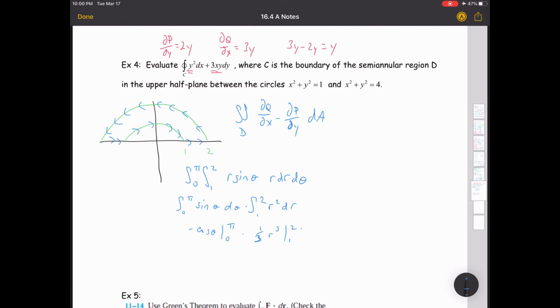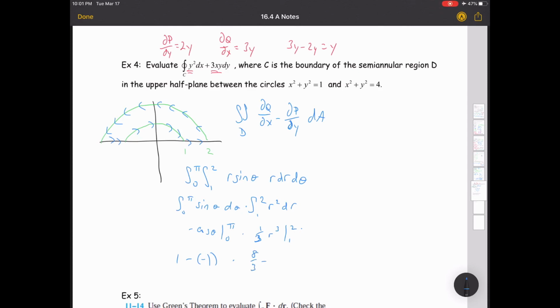So let's see here, plugging in pi, we're going to get negative cosine of pi. Cosine of pi is -1, so that'll become 1. Minus, plugging in 0, we're going to get 1 for cosine, so that'll be -1. So we get 1 minus -1 there. And over here, plugging in a 2 for r, you're going to get 8/3.